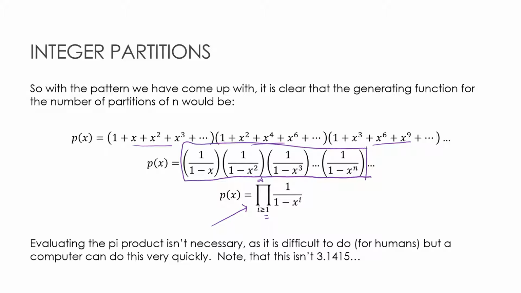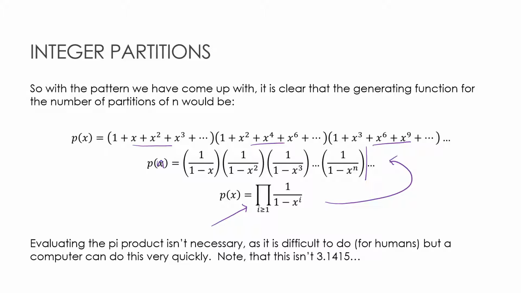So I could write i equals 1 to infinity, or note I just wrote i is greater than or equal to 1 because it implies that it keeps going forever. And I'm taking 1 over 1 minus x to the i. And so essentially that's saying the same thing as this. It's saying take the product of all of those values until you get to n.